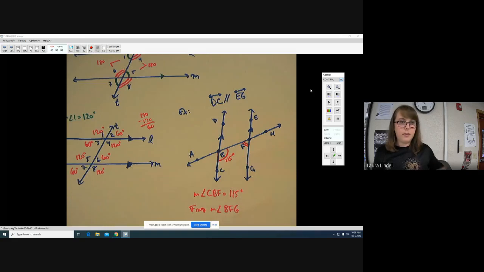So then we have to figure out, okay, what's the angle relationship between CBF and BFG? What kind of angle pair is that? So look back at your notes from above. Are they alternate interior, alternate exterior, consecutive interior, or corresponding? What do we think? Type in the chat. What angle relationship is that we're looking at?